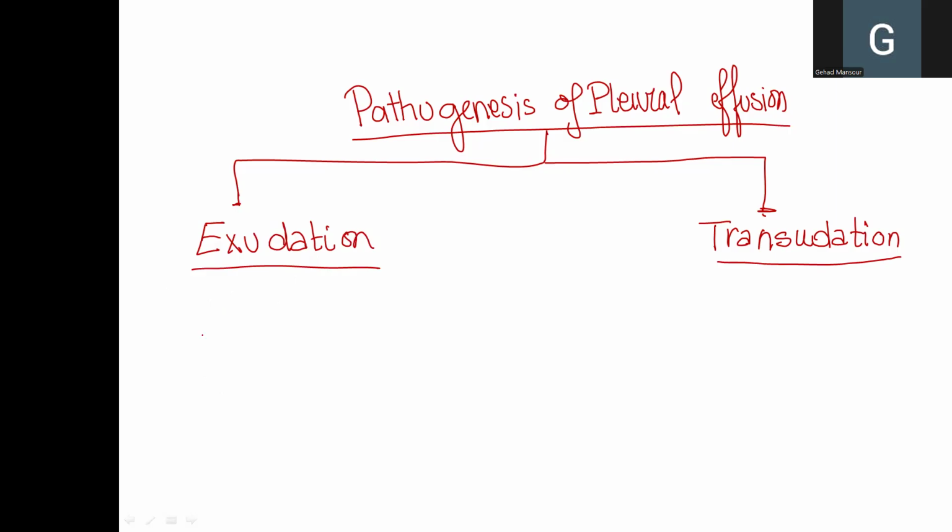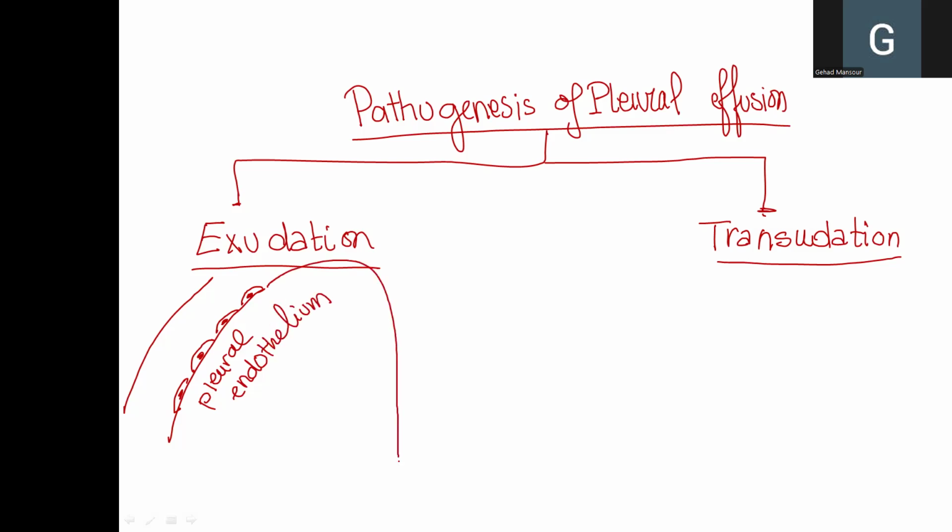So exudation is usually due to the presence of secretion. If this is the visceral and this is the parietal layer, here we have the endothelium of the pleura, the cells lining the cavity of the pleura. And of course, this is the lung tissue.